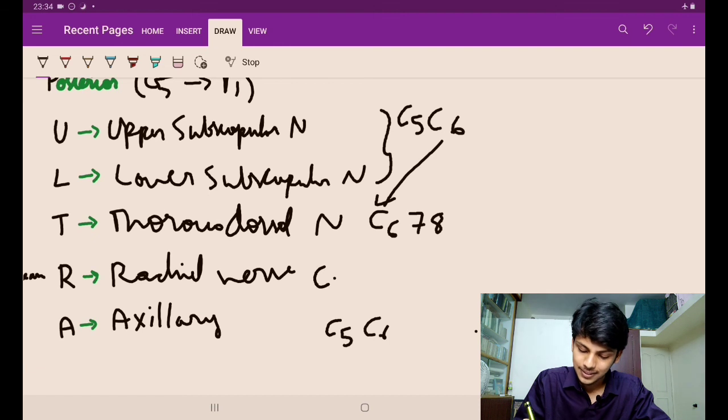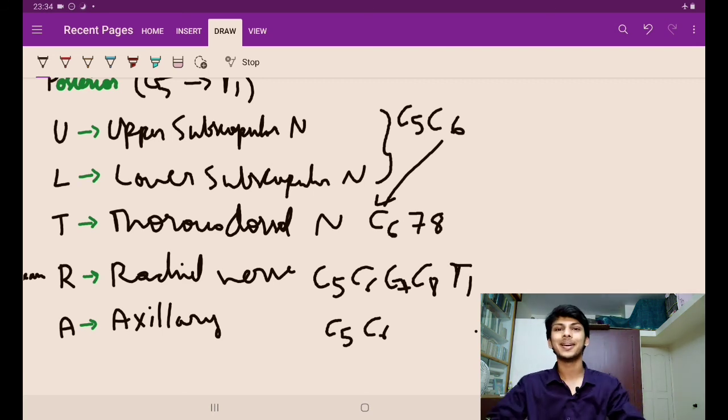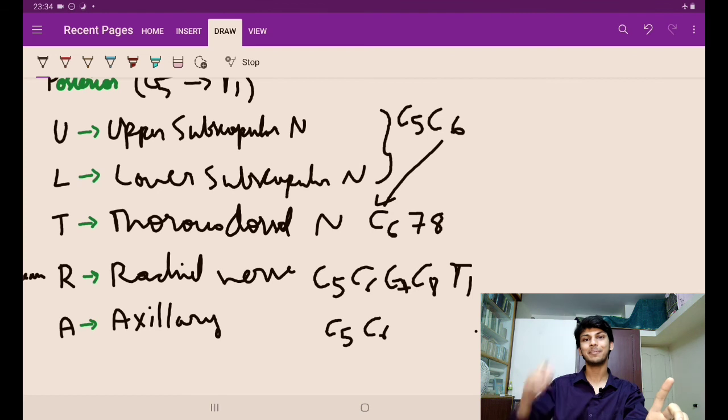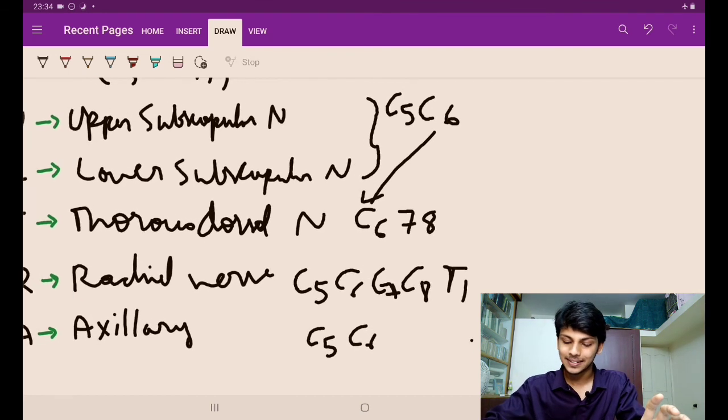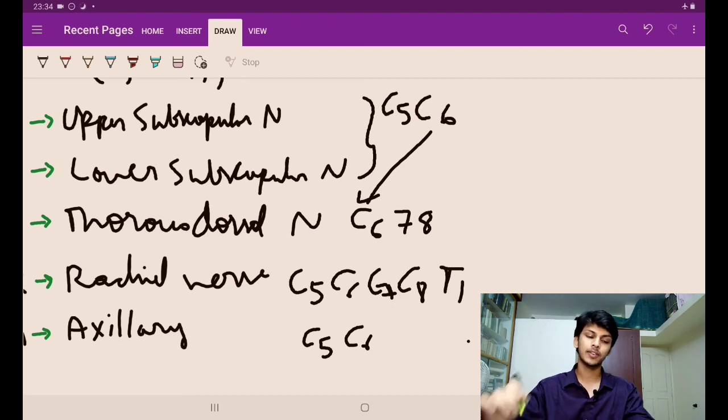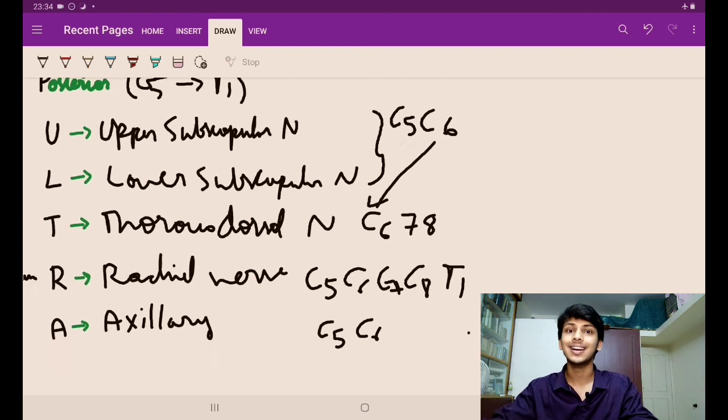The radial nerve has the root value C5, C6, C7, C8, T1. You know guys, in mythology they used to say, like father like son. If a father has 5 sons, one son is exactly like his father. So that son is the radial nerve. So the radial nerve has the root value C5, C6, C7, C8 and T1.